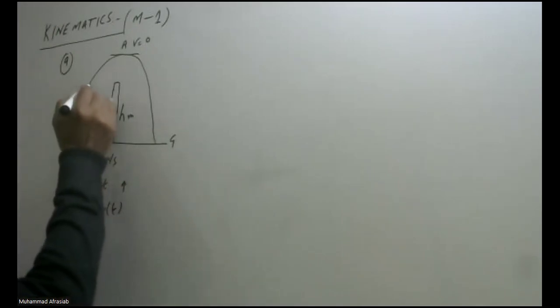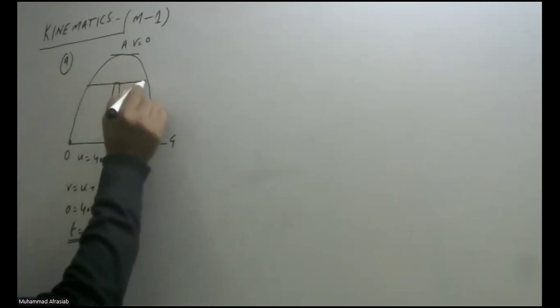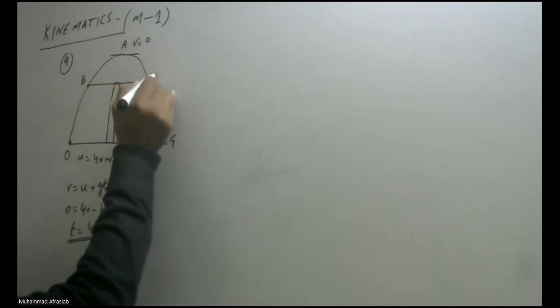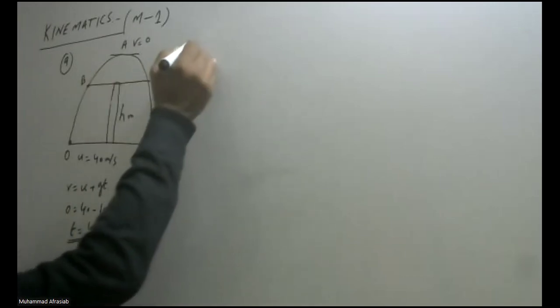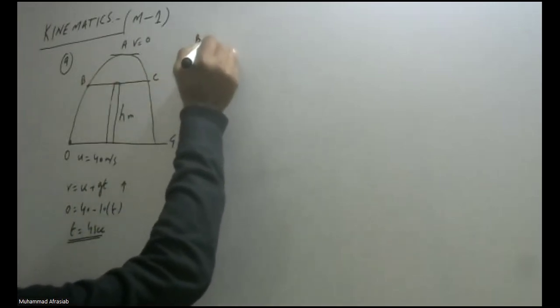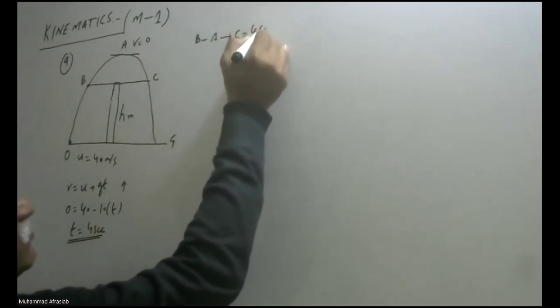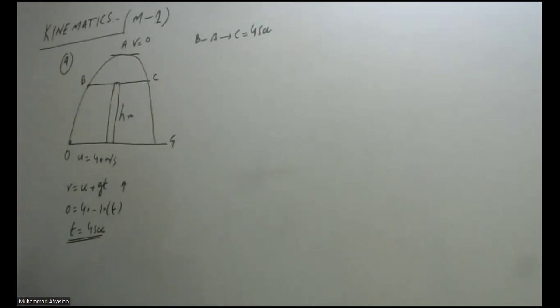So let's say this is above h, and the time from B towards A towards C is equal to 4 seconds. So now we will calculate the height of the building h.